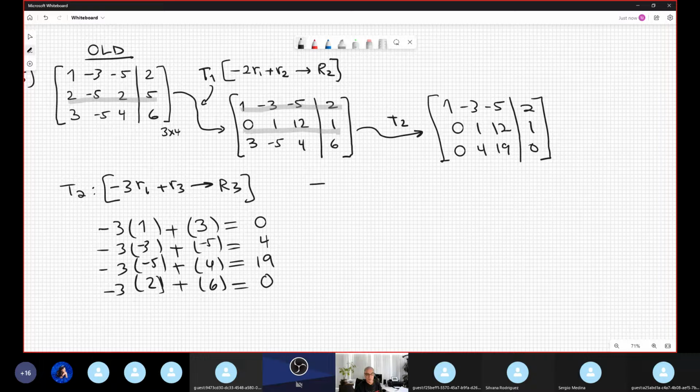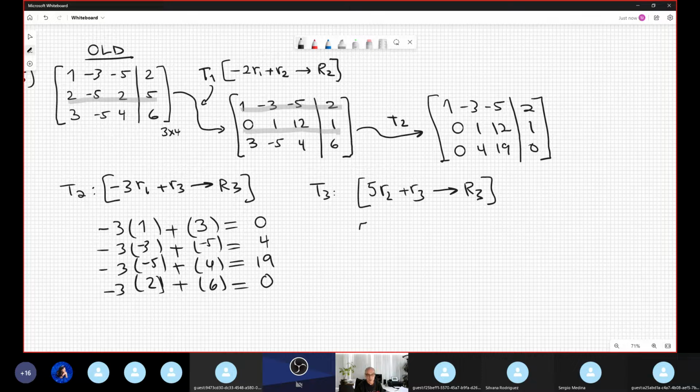Finally, transformation 3. Transformation 3 is a factor of 5 times row 2 plus row 3, and the final answer is stored in row 3. Again, row 2 and row 3 participate in this transformation.